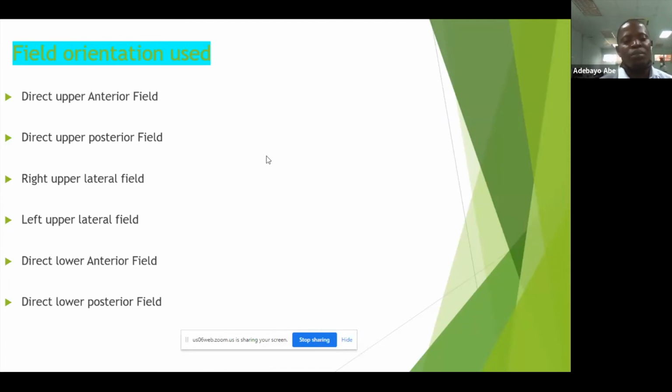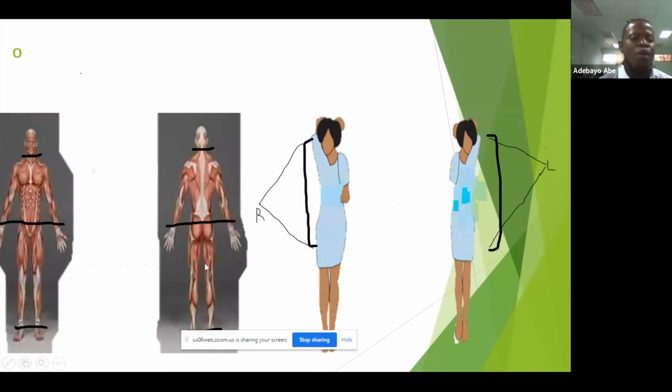So we use direct upper anterior field, direct upper posterior field, right upper lateral field, left upper lateral field, and direct. So while the patient is turning, when you want to do the treatment from the lateral point of view, I show the images here.